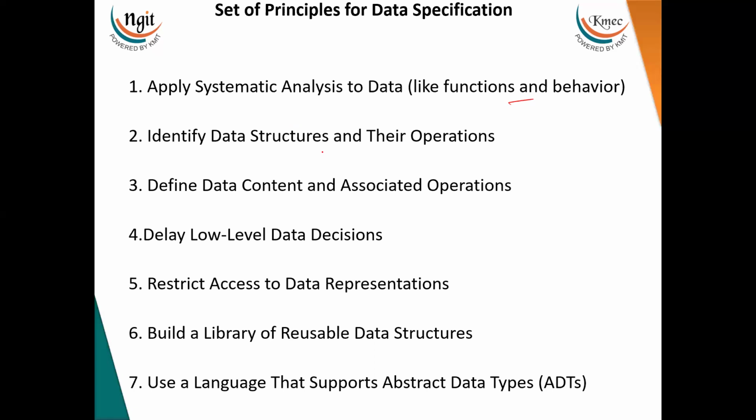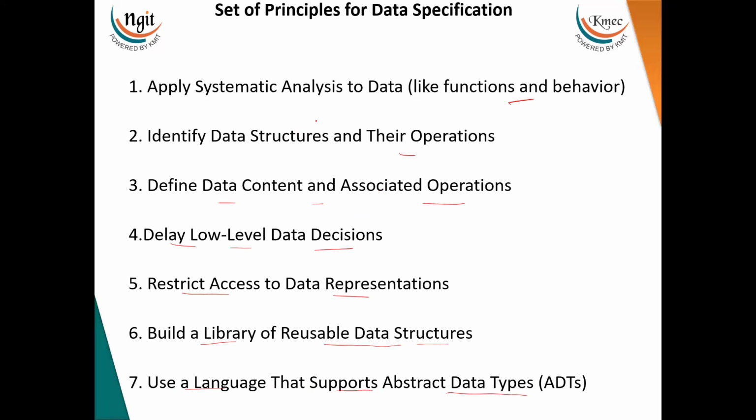Then identify data structures and their operations. Next is define data content and associated operations. Then delay low-level data decisions. Then restrict access to data representations. Sixth is build a library of reusable data structures. The last one is use a language that supports abstract data types, that is ADTs.